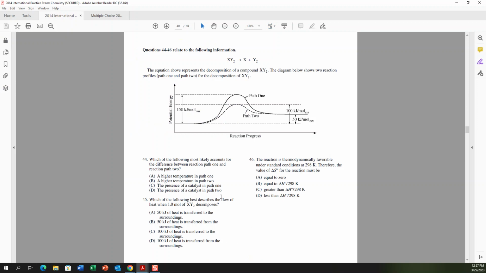Which of the following best describes the flow of heat when 1 mole of XY2 decomposes? Well, we know it's endothermic, so heat is absorbed by the reaction system, which means heat is lost by the surroundings. And if it's 1 mole of this, the delta H of the reaction is 50 kilojoules per mole of reaction. So when 1 mole of this decomposes, 50 kilojoules of energy is transferred from the surroundings. So it would be choice B, from the surroundings.